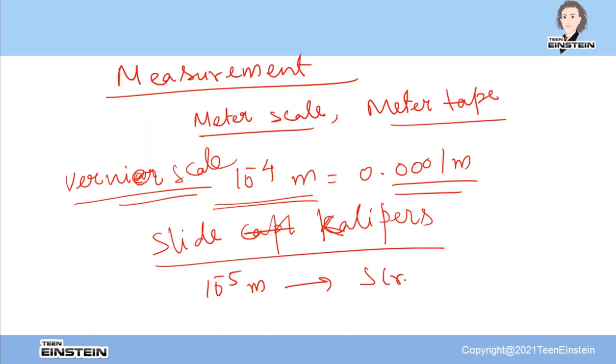These two instruments, slide calipers and screw gauge, I'll take up in the next class, and I'll tell you about the Vernier constant and least count, which are useful things to learn for practical purposes as well as for exams. These are instruments we can directly use to measure, like the diameter of a hair.